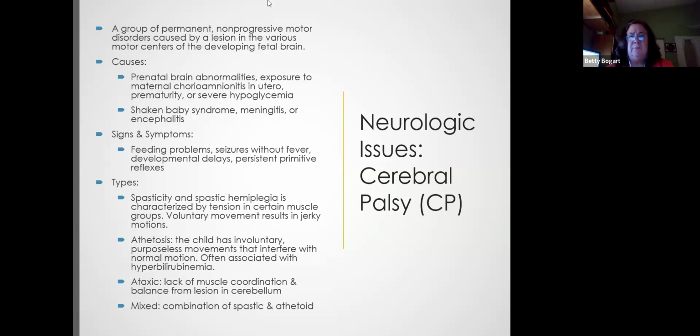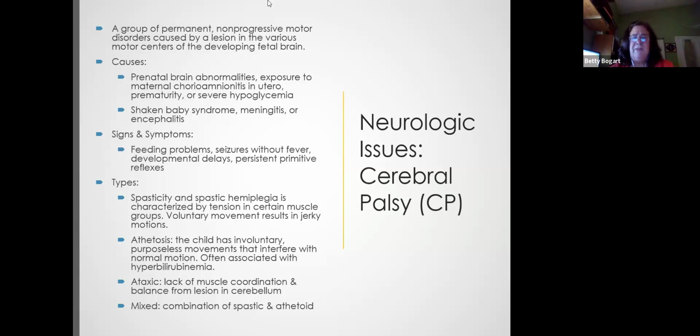They're not going to be rolling over by 6 months. It could be 9 months. They may not be walking, or never be able to walk. So these are things that we're looking for. It also could be a feeding problem, seizures, or their reflexes just aren't what they should be.